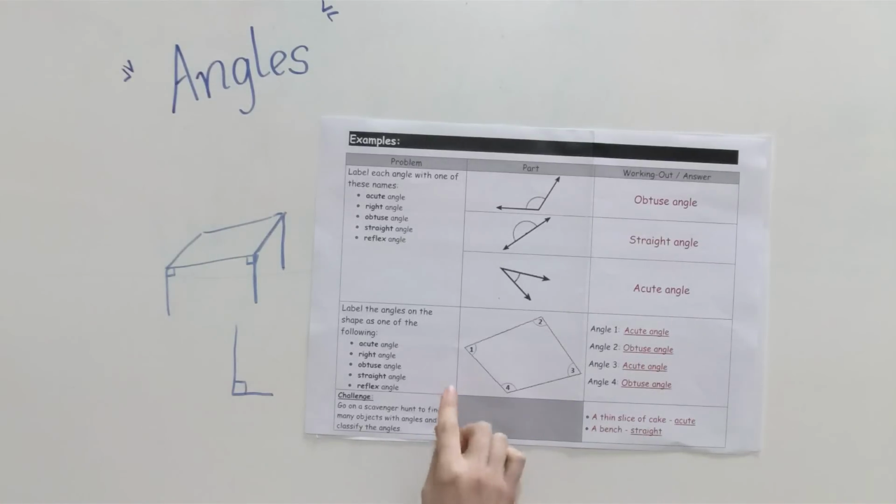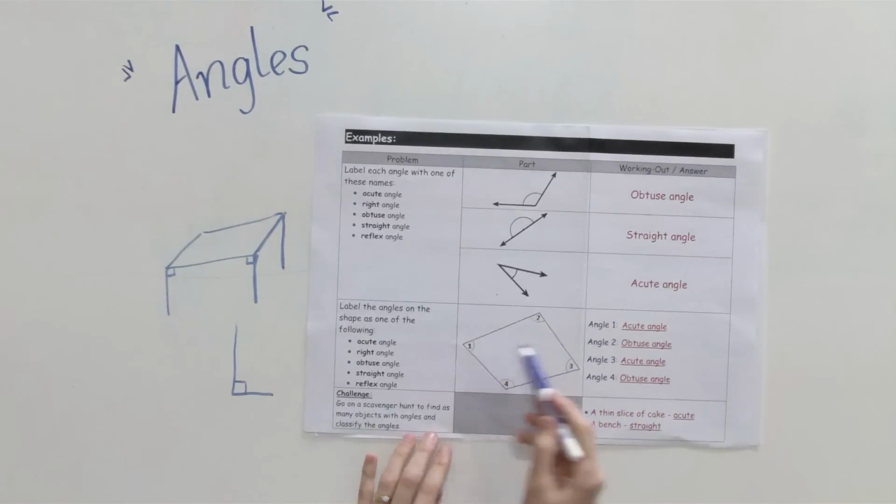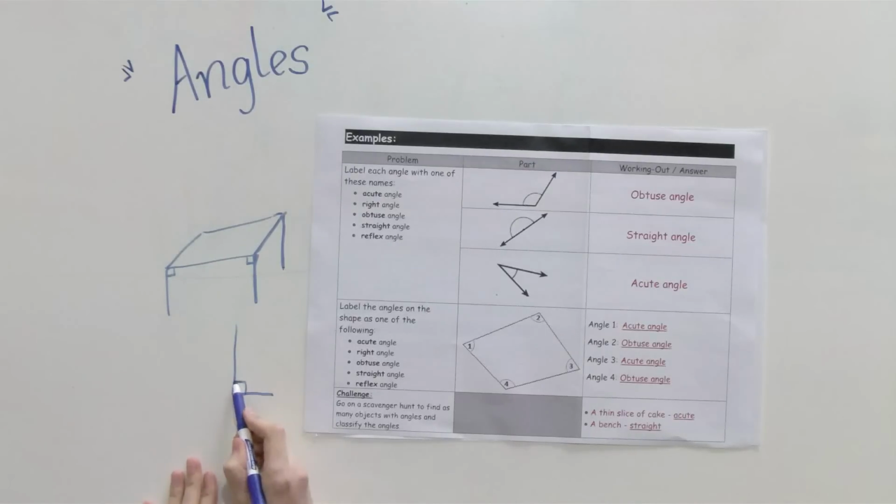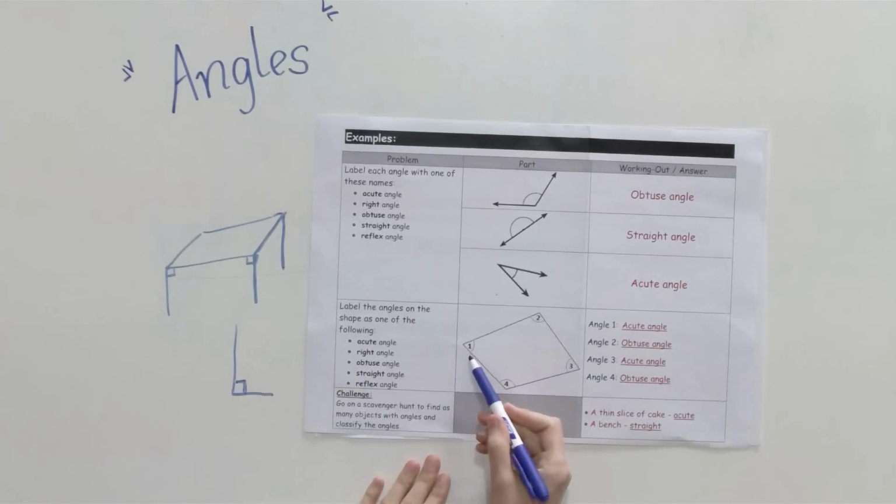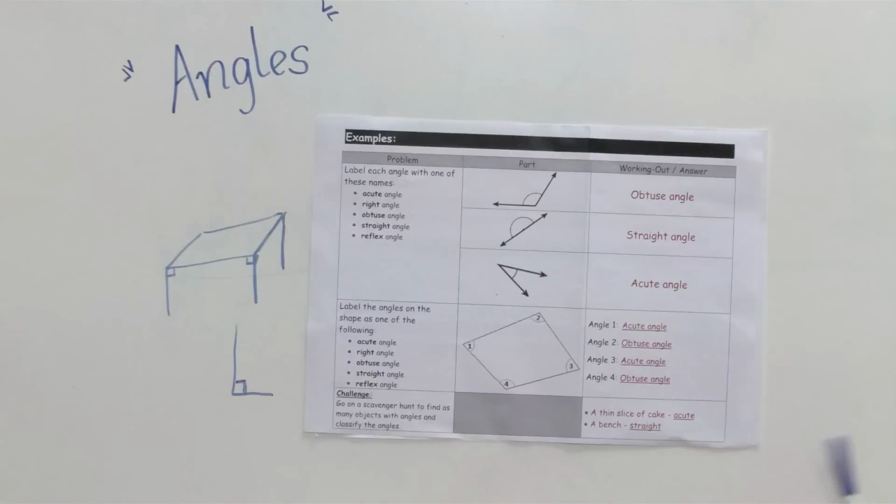Then we have, label the angles on the shape as one of the following angles. Number 1 is an acute angle. If you're ever wondering whether it is a right angle, you will see that square in there. That's always a giveaway. It's nice and simple. This one here is an acute angle because they're not straight on to each other.